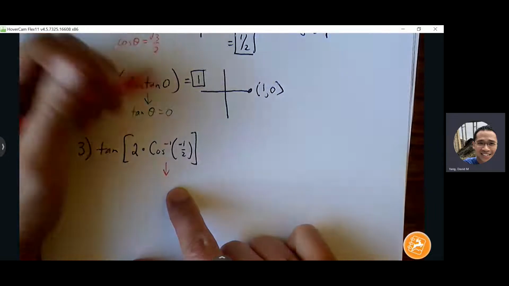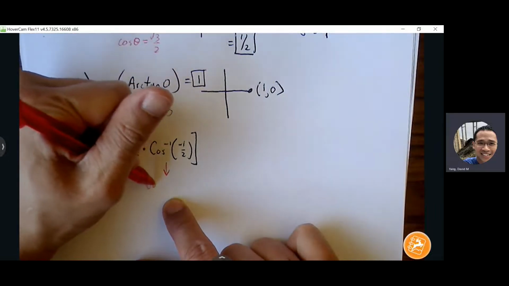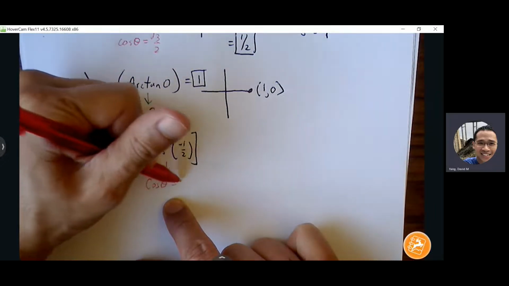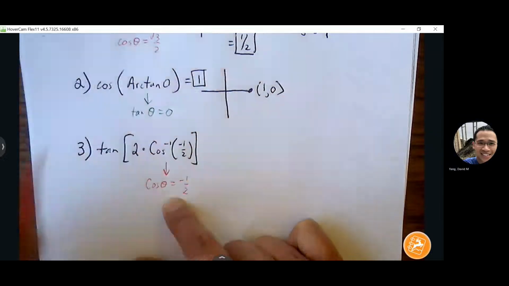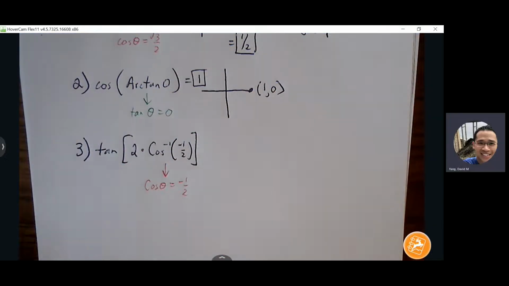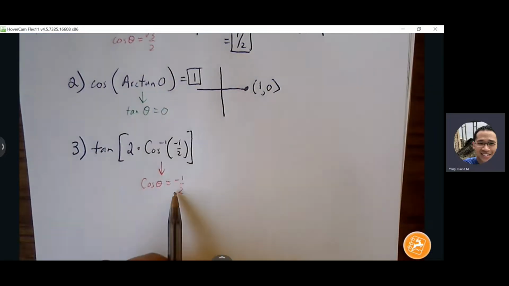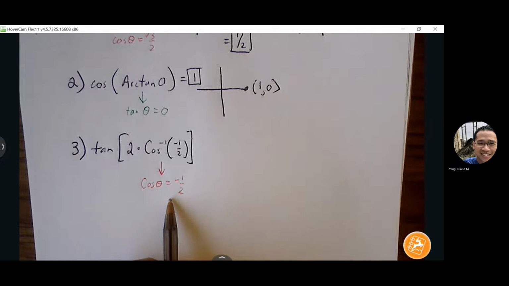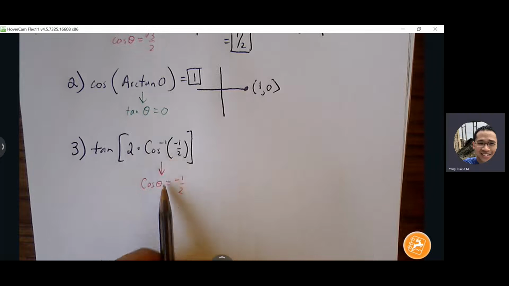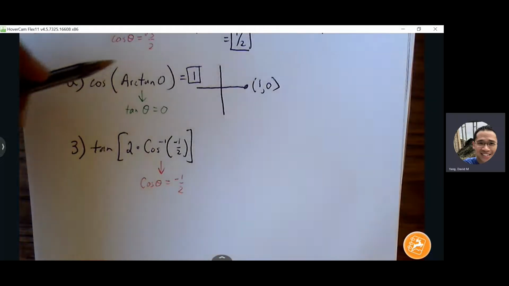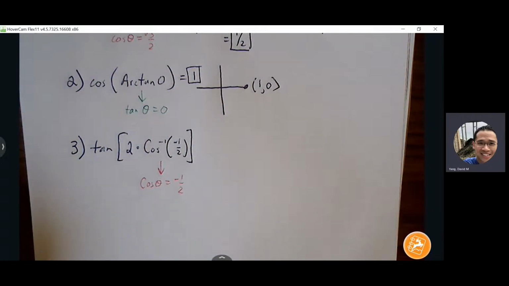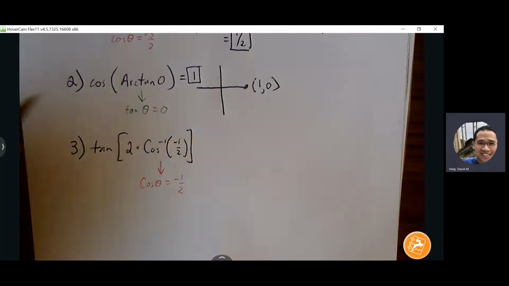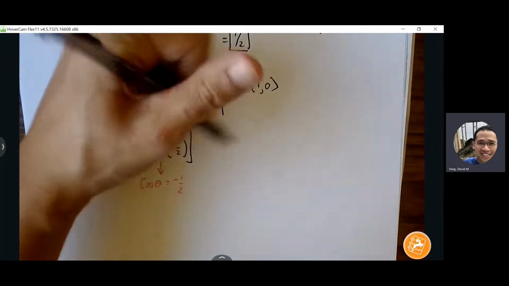This is saying, where is cosine of theta going to be equal to negative 1/2? Cosine is negative where? Principal value, so where do we look? Second quadrant, okay. Where is cosine equal to negative 1/2? 2 pi over 3.